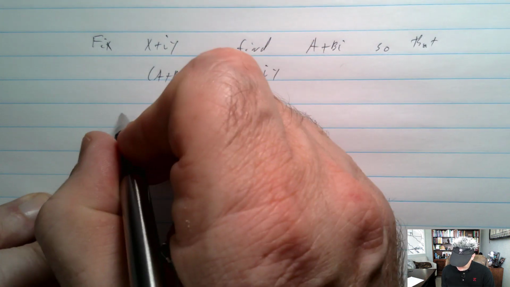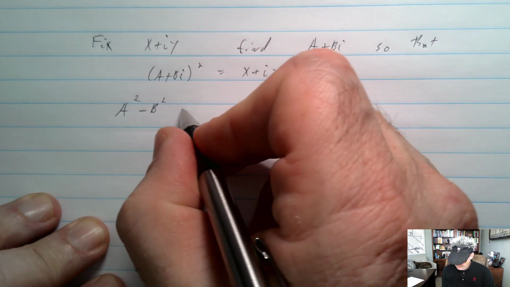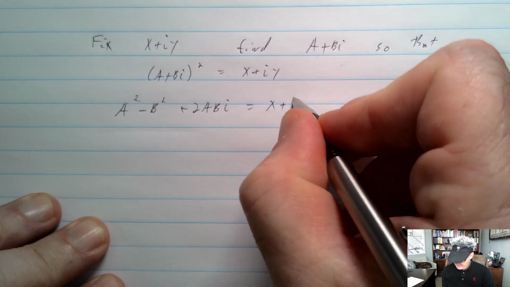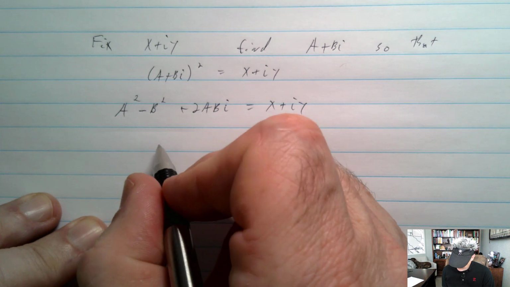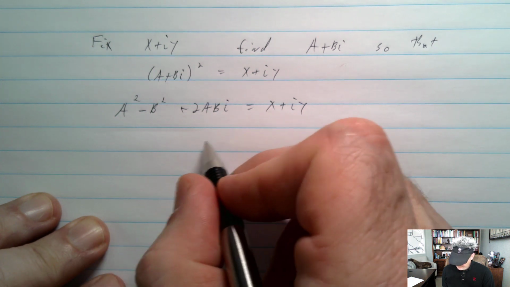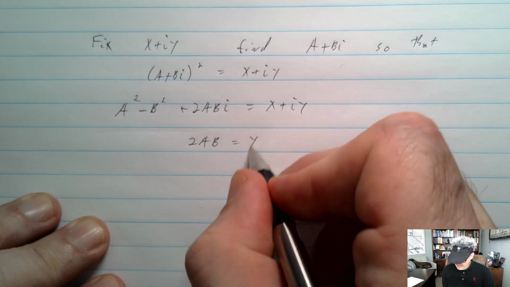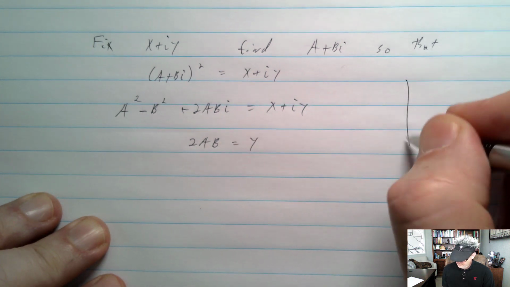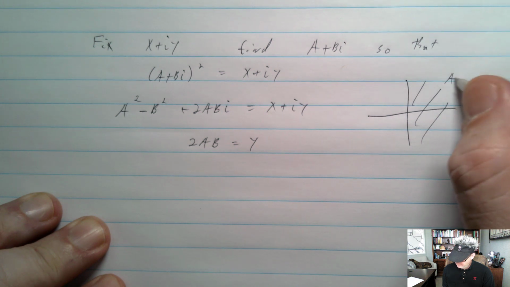If you square it, I'll skip a few of the steps, you'll get a squared minus b squared plus 2abi equals x plus iy. So we've got two equations. For the imaginary part, 2ab must equal y. And what I know is that a is greater than 0.